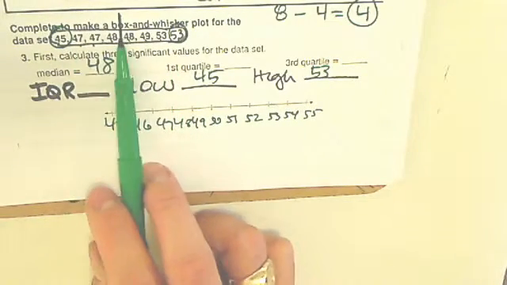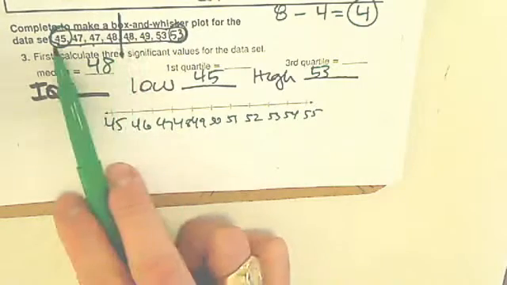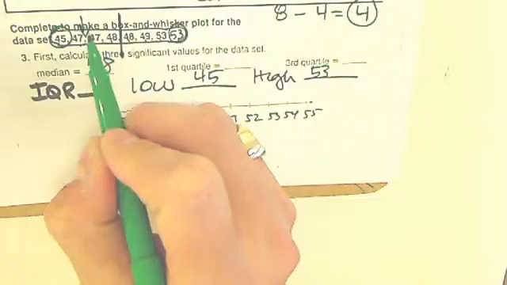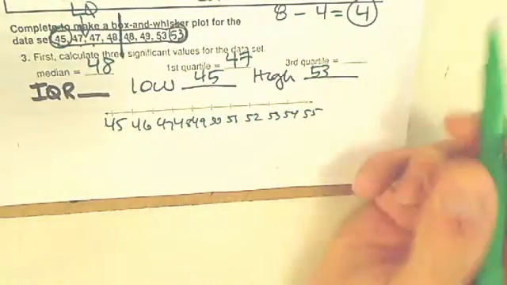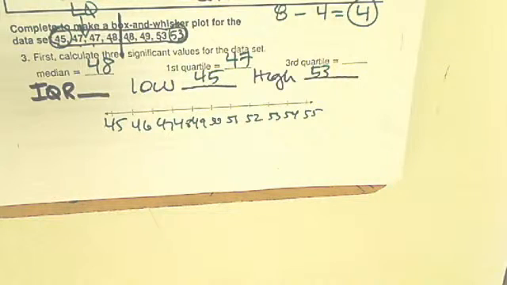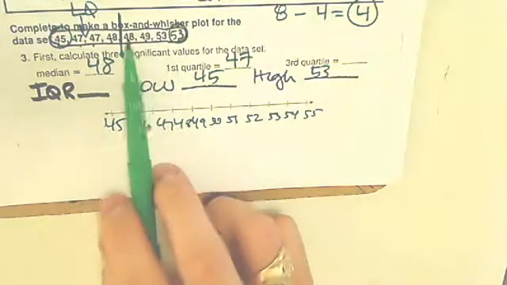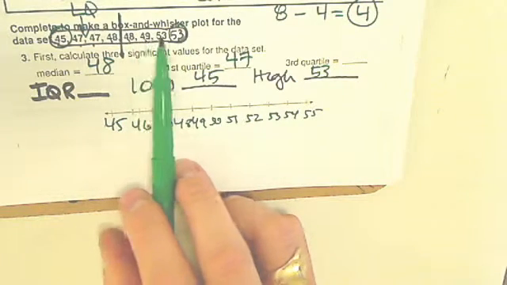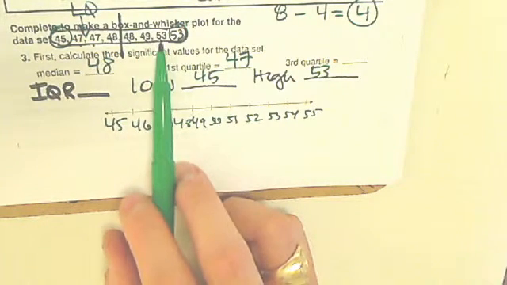Okay. What's the middle of the lower part? 47. That's right. 47 is the lower quartile, the first quartile. And what's the middle of the top part? The middle of the top, Dylan. What's between 49 and 53?